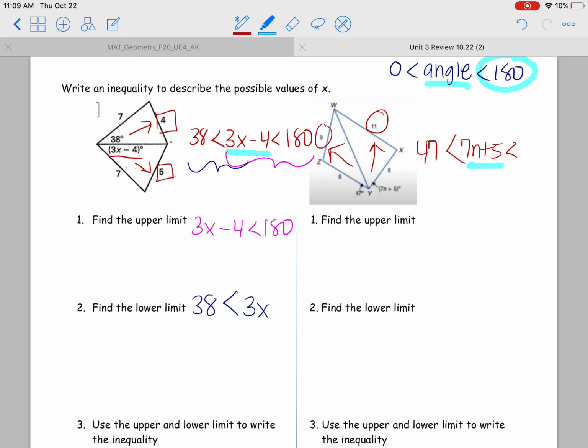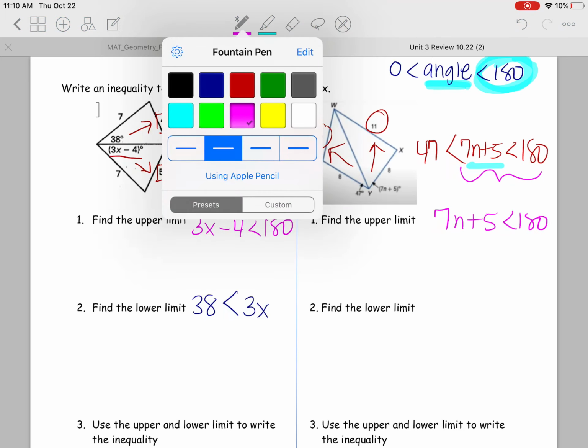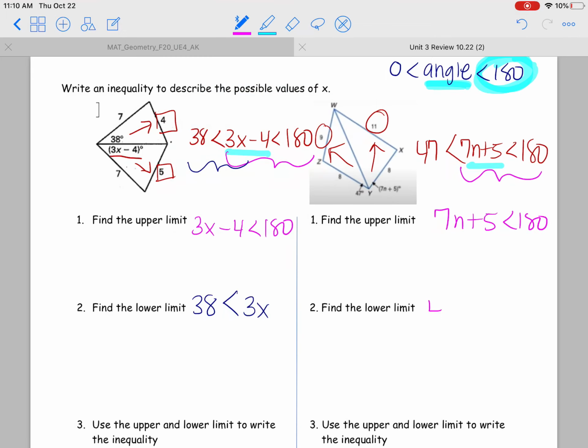But then once again, 7n plus 5 is my angle, and I know that it has to be less than 180. Once again, we separate the compound inequality. So this is 7n plus 5 less than 180. And we have here that 7n plus 5 has to be greater than 47.